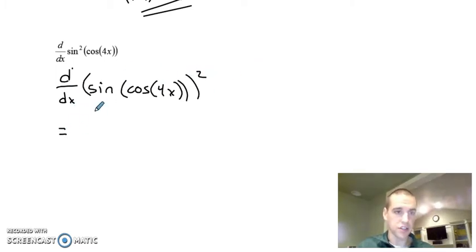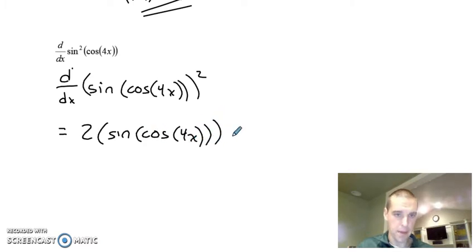Let's see here. The derivative of the outside: 2 times the derivative, and keep the inside the same. It's raised to the first, so we're good. So this is what we have next. Multiplied by the derivative of the inside.